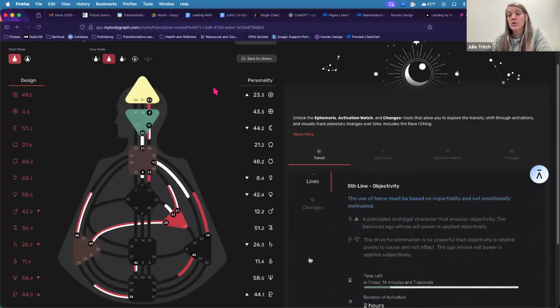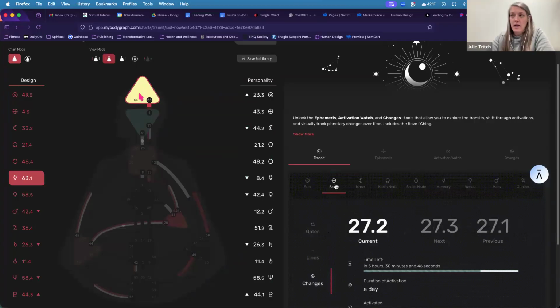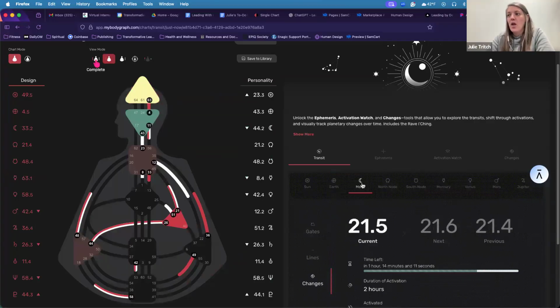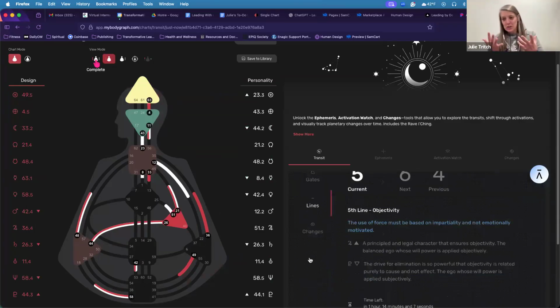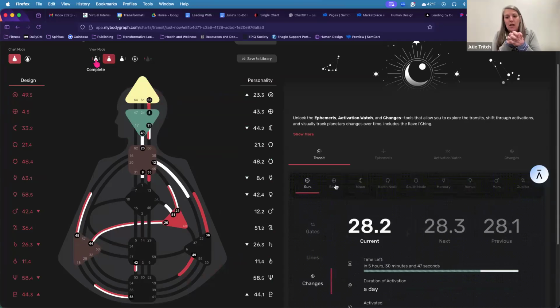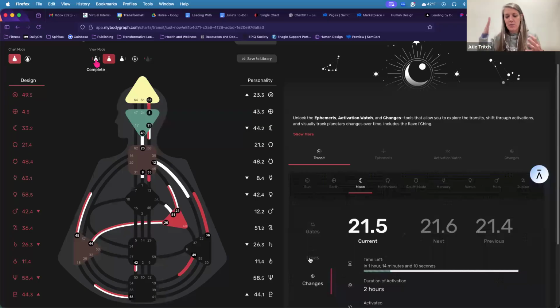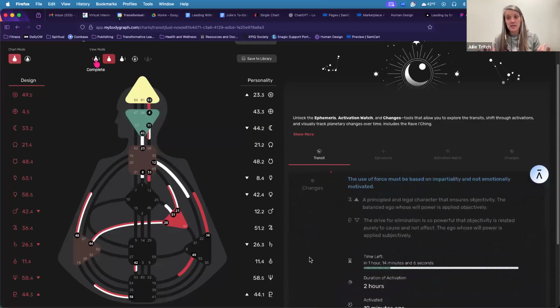So that means due to the current transits that are happening, 64 is currently active for me, which I look at kind of like a cheat code. I can have access to things based on the astrology that at the time of my birth I wouldn't have had access to.